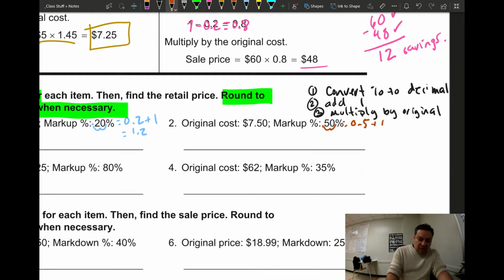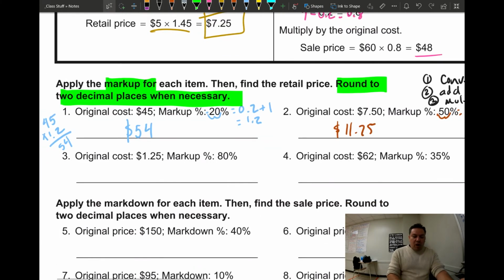So this is going to be 1.5, and we're going to multiply by the original. So 7.50 times 1.5 gives us $11.25. The new price is $11.25. Now if they ask you, what was the markup? How much was it marked up? All you have to do is subtract those 2 numbers, the 7.50 and the 11.25.